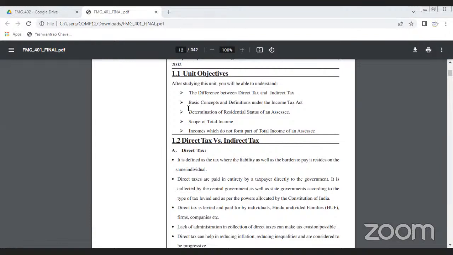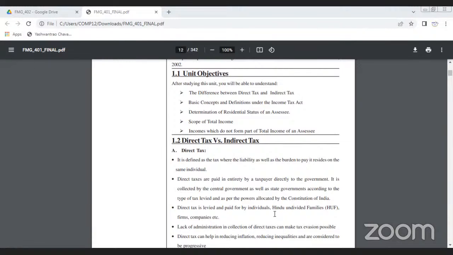Direct taxes are paid entirely by the taxpayer directly to the government. It is collected by the central government. Direct tax is levied and paid by the individual, Hindu undivided family, the firm and companies, etc. Lack of admissions in its collection can make tax evasion possible.